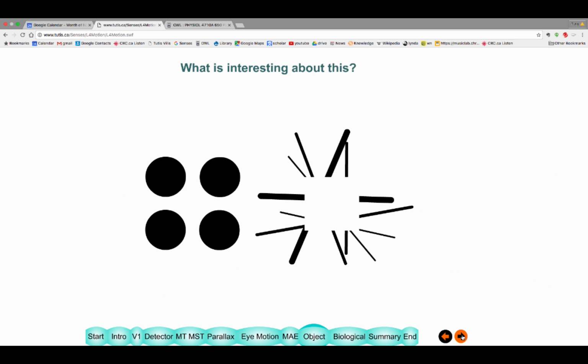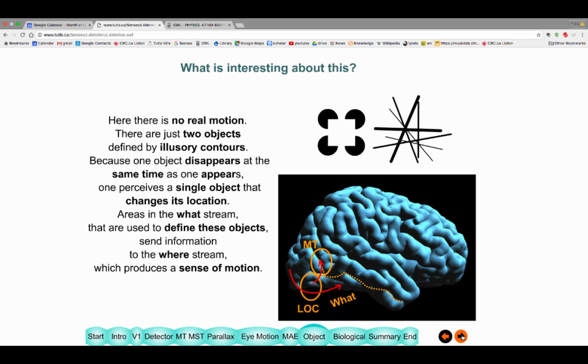What's interesting about here? Okay? If you look at this, it seems to be a white square moving back and forth. Hopefully all of you are perceiving this white square moving back and forth. But in reality, there is no white square moving back and forth.